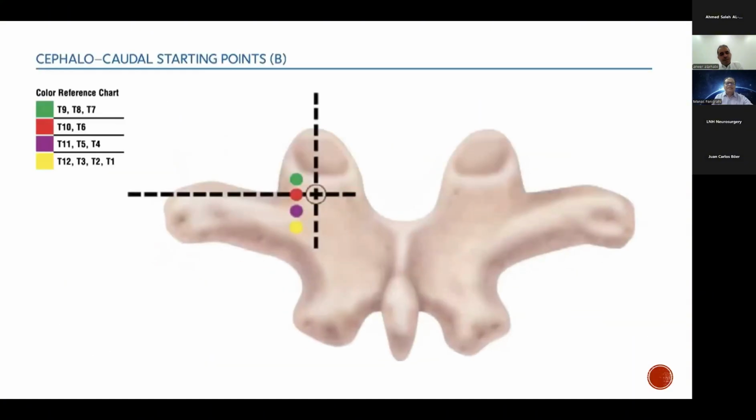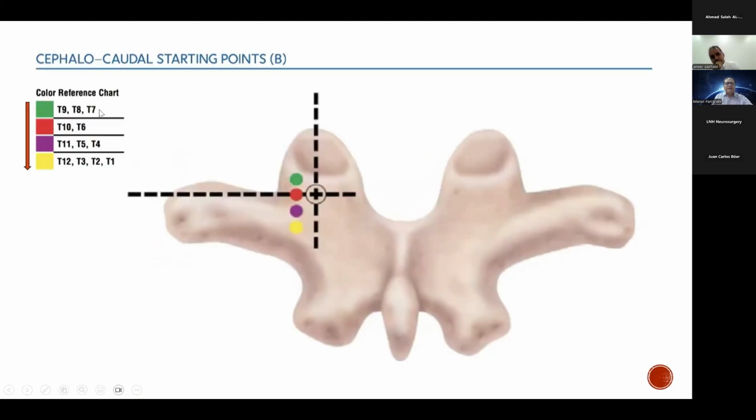to understand this diagram. As you can see here, the line joined through the middle of the articular process and the middle of the transverse process is the entry point for most of the middle part, like T4, T5, T6.